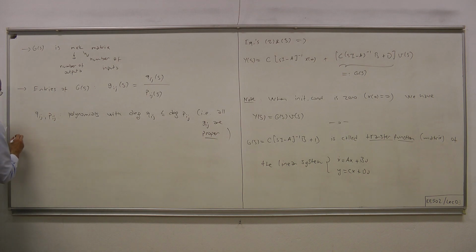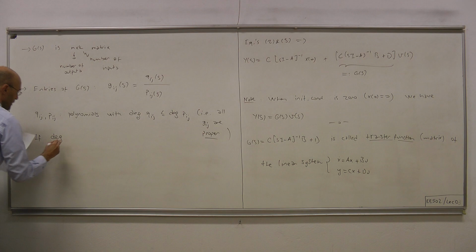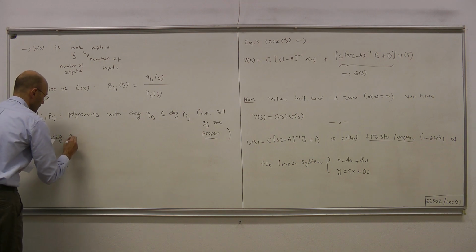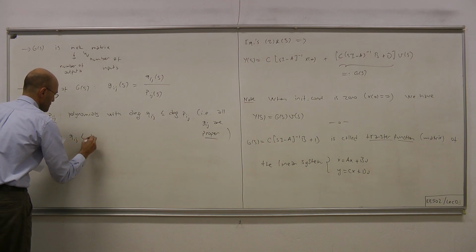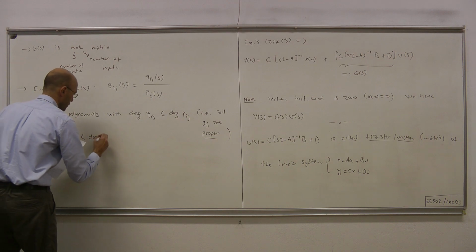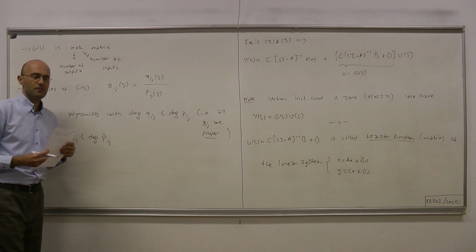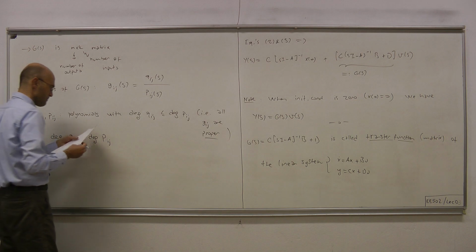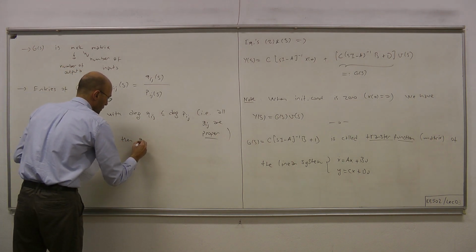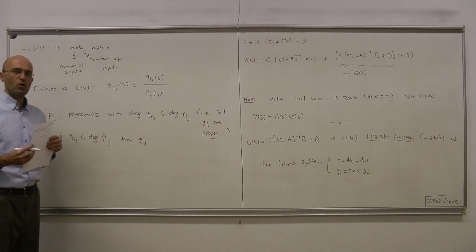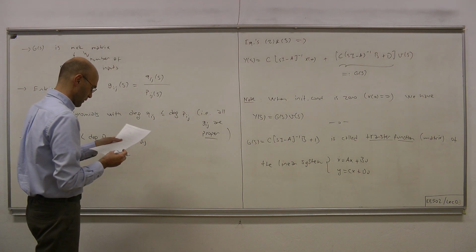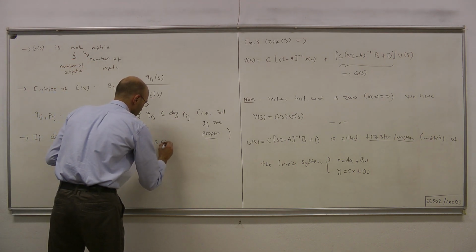If the degree of the numerator P_ij is strictly smaller than the degree of the denominator Q_ij, then the corresponding entry G_ij is called strictly proper.